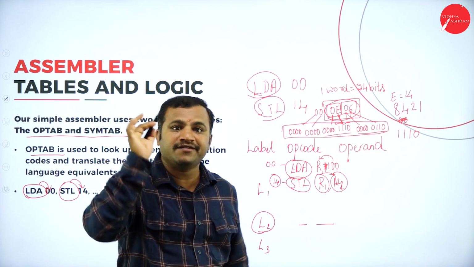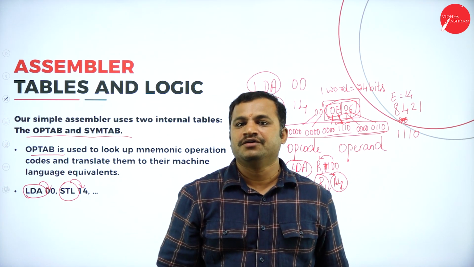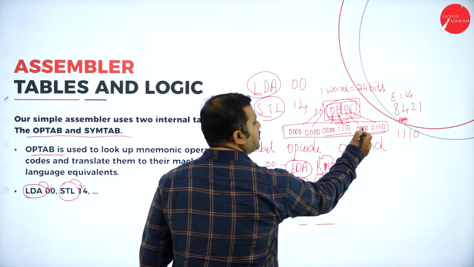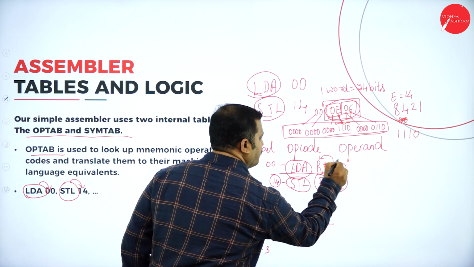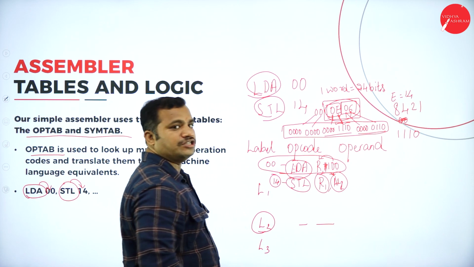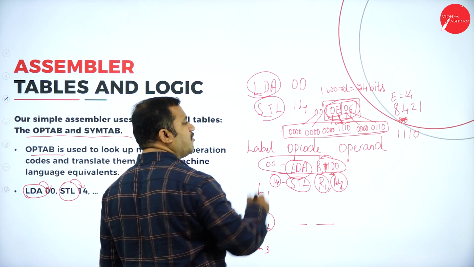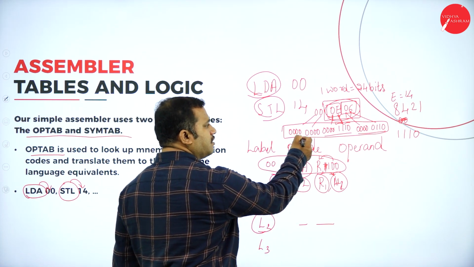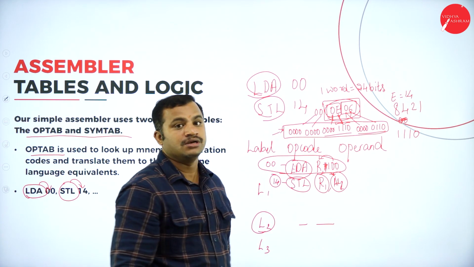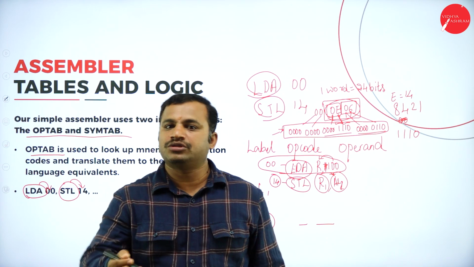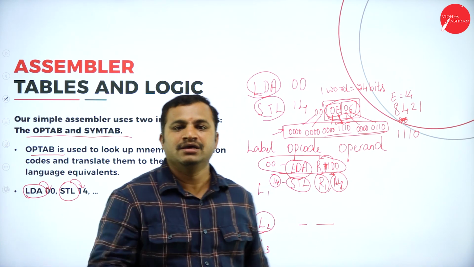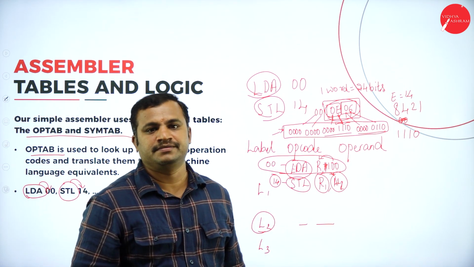This entire word is considered here. So we have an equivalent machine instruction format. This is the actual information we wrote in the assembly language, and this is the equivalent form of the machine instruction. So this is how the information from the assembly language is converted to the machine understandable format.